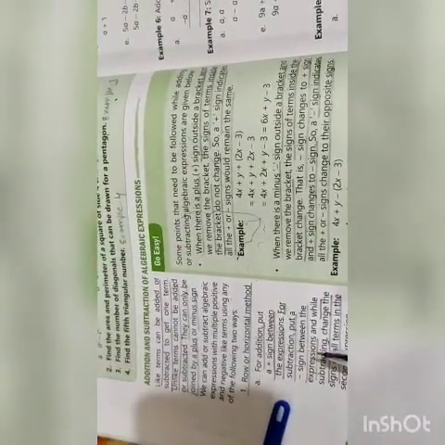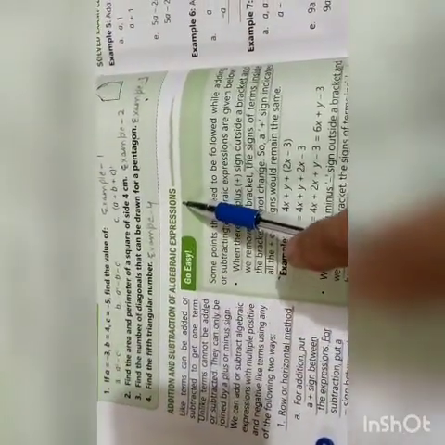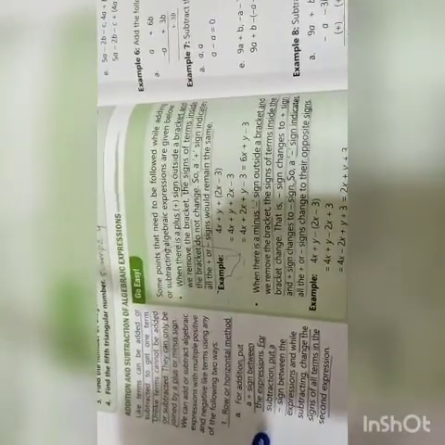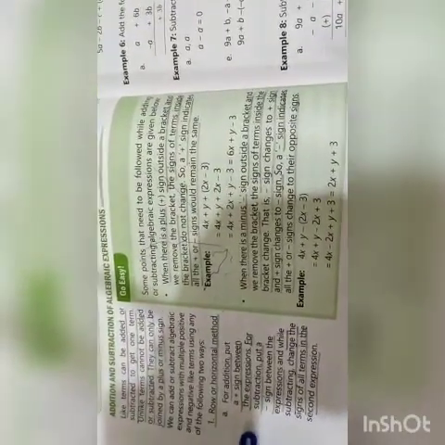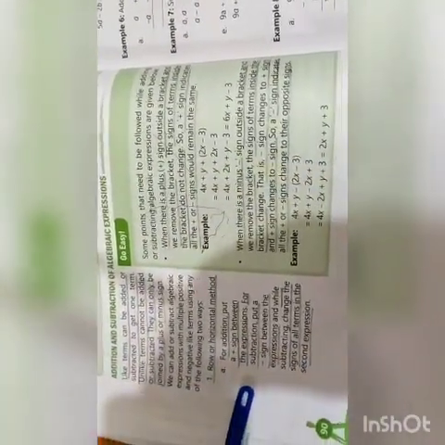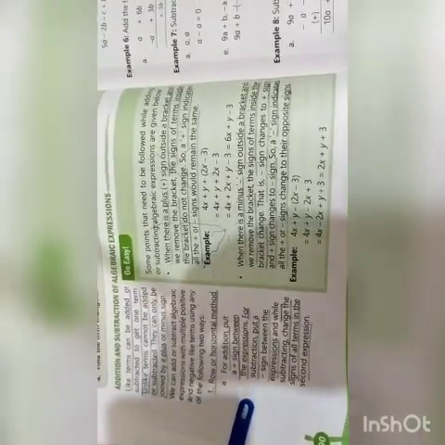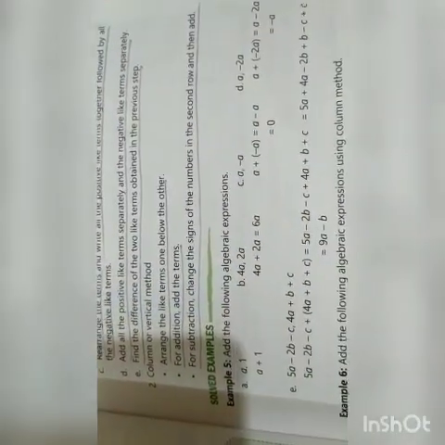Clear? Because in the next class we will learn addition and subtraction of algebraic expressions. Although you have already studied addition and subtraction of algebraic expressions in 6th class also, still you need to read these lines 2 or 3 times. Then it will be more clear how we add or subtract algebraic expressions. Okay, students.